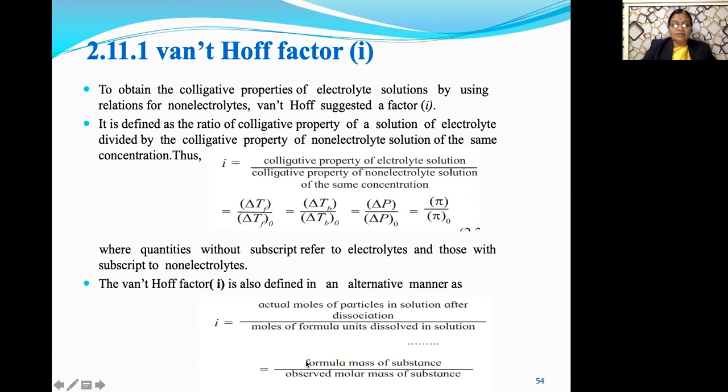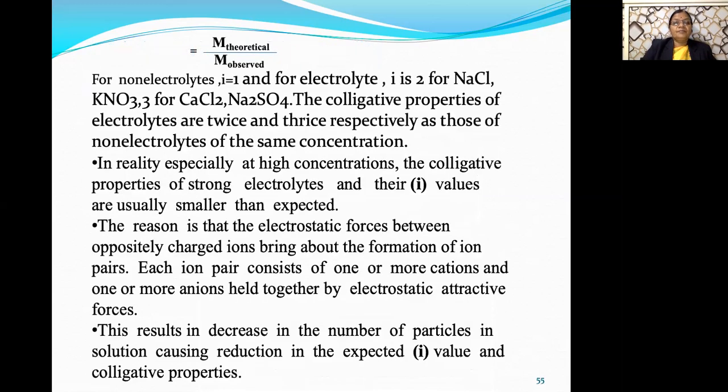And therefore, in terms of molar mass, this ratio becomes reverse, that is, the Van 't Hoff factor i becomes equal to the formula mass of the substance divided by the actual or observed molar mass of the substance. Followed? That is, the Van 't Hoff factor i in terms of molar mass becomes theoretical molar mass divided by actual or observed molar mass.